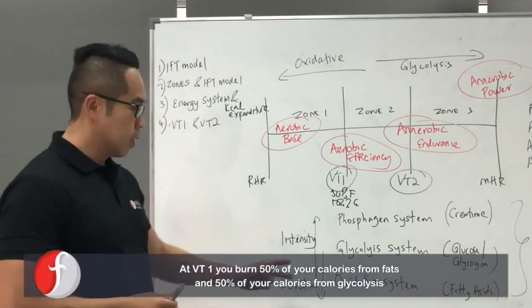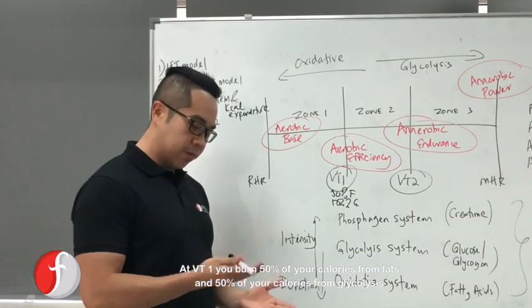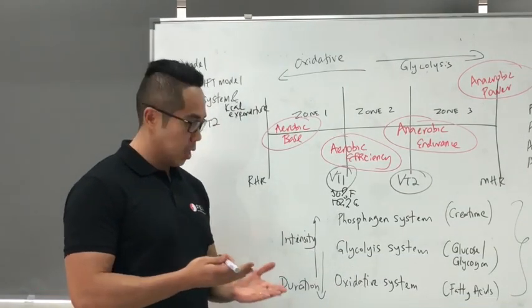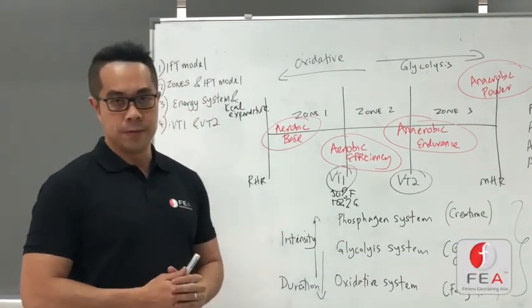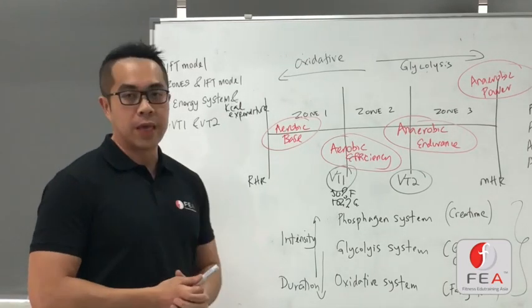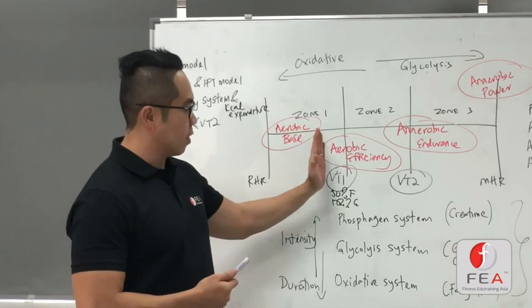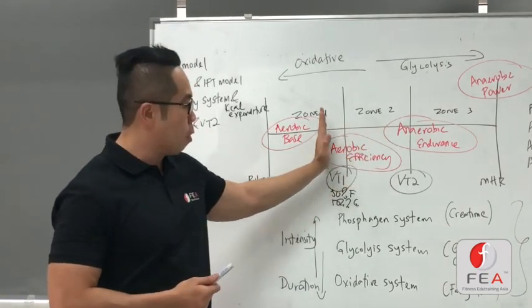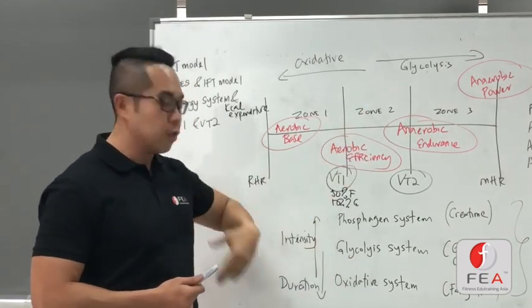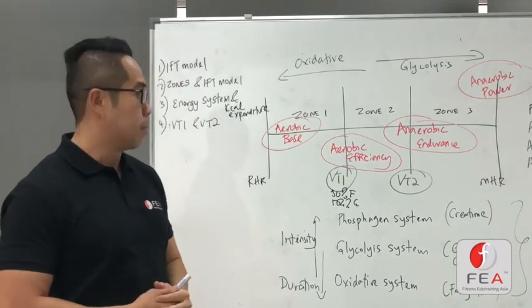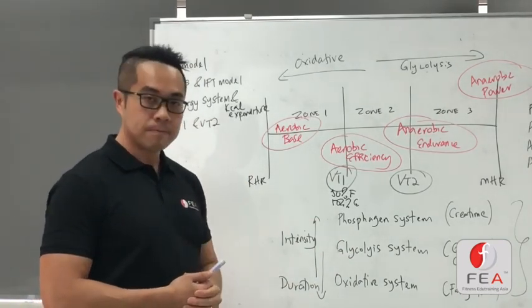That means these two systems are equally active to help you make ATP. Why? Because when exercise intensity increases beyond VT1, glycolysis will be the dominant system.